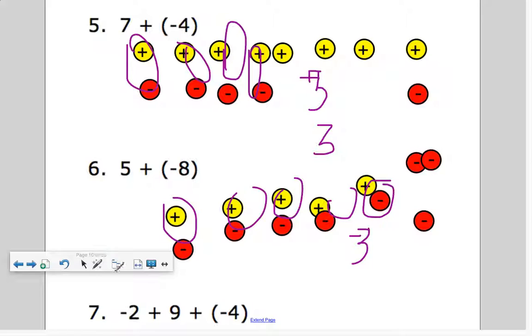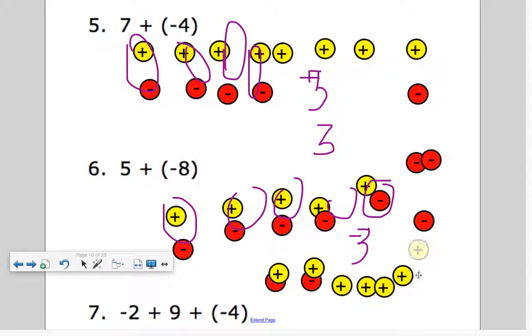Next example, I have 2 negatives. 1, 2, and I'm going to mix it up with 9 positives. 1, 2, 3, 4, 5, 6, 7, 8, 9, and I'm going to mix it up or put it together with 4 negatives.